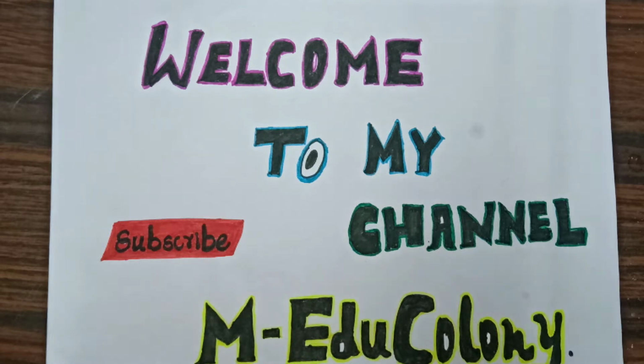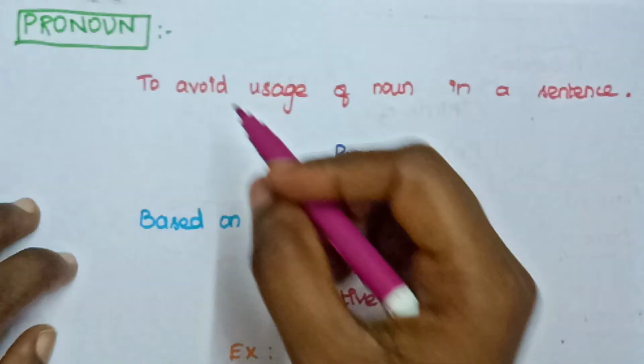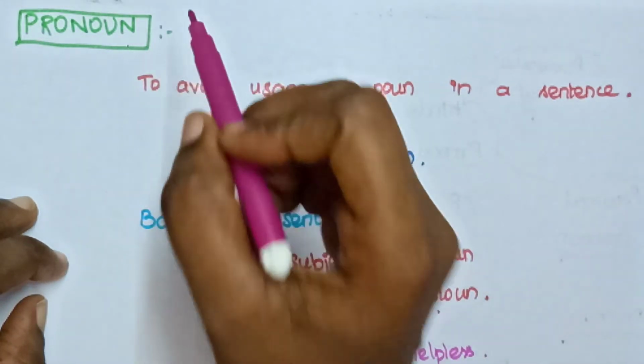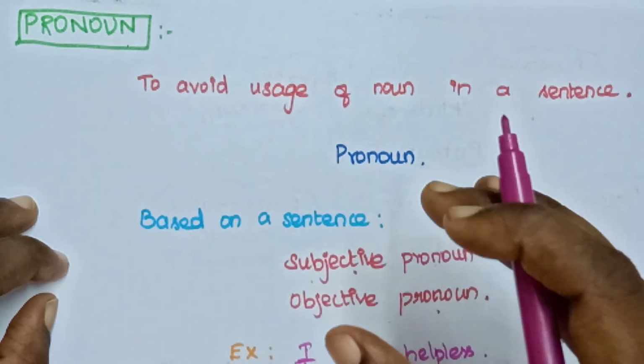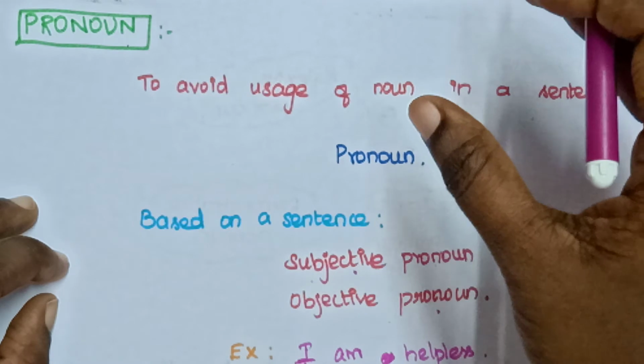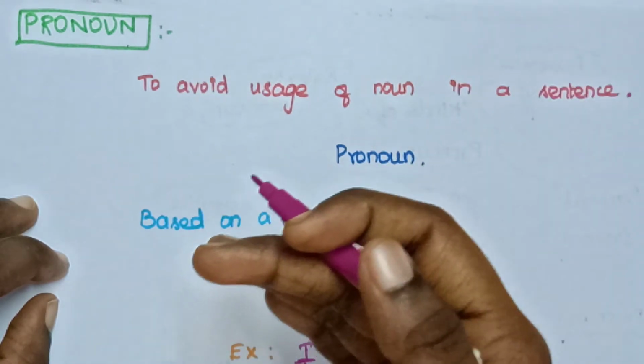Well friends, what is a pronoun? If you want to describe a person, or let us say it simply, what is a noun? A noun is simply a naming word. If you want to describe a naming word or a person, you have to say it in a paragraph, right?